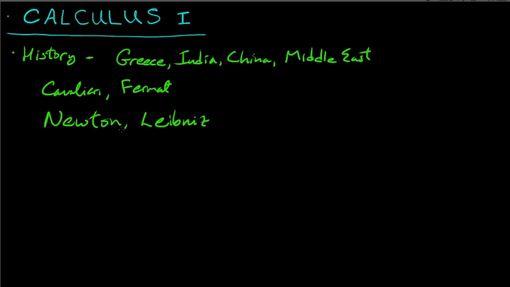These are the two people that are credited with inventing calculus, in particular because they developed the ideas more rigorously, and essentially the full apparatus of the two branches of calculus, which are differential calculus and integral calculus. Newton and Leibniz put them both together and really explained the relationship between them, and made it much more useful.